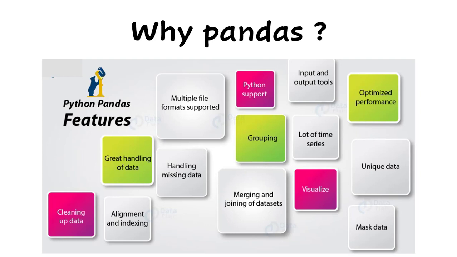But pandas is not like that. You will be able to process your data very easily and quickly. And also you can do all sorts of data manipulation in pandas, like how you can do it in Excel, and you can also do it even better.